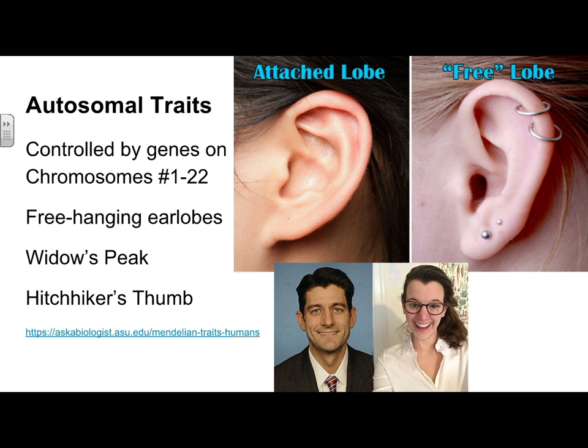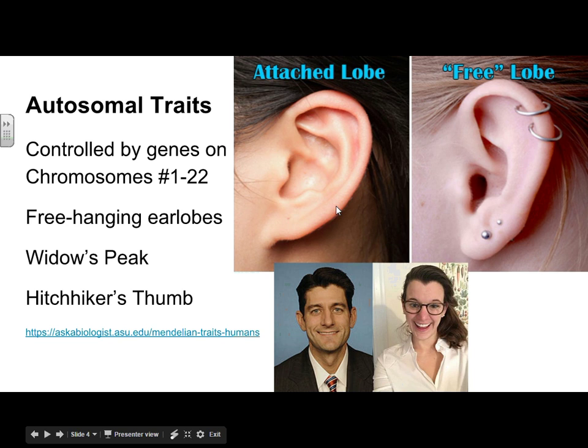Some of the traits that are autosomal and are simple Mendelian traits are free hanging earlobes. A free earlobe will go down, I should say detached, and this is all detached. An attached lobe is attached. It doesn't have that extra bit that is free or hanging down.